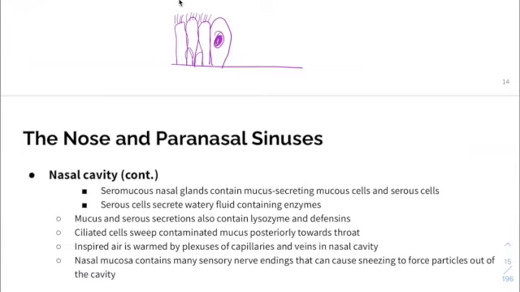So we have a lot of blood supply, just like anywhere else in the body. We have a lot of blood supply in our nasal area. And as air gets circulated through those nasal concha when you're breathing in, that blood supply is providing the warmth that helps to warm that air specifically.